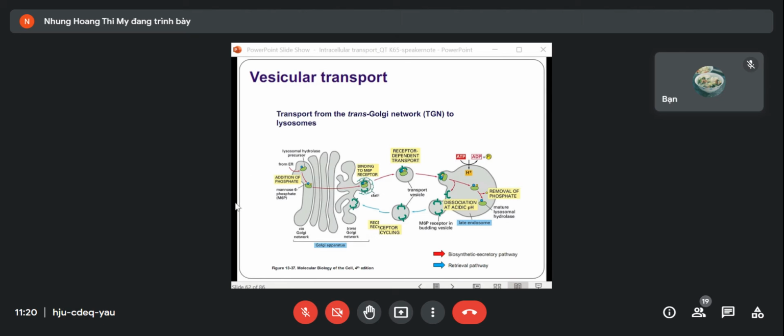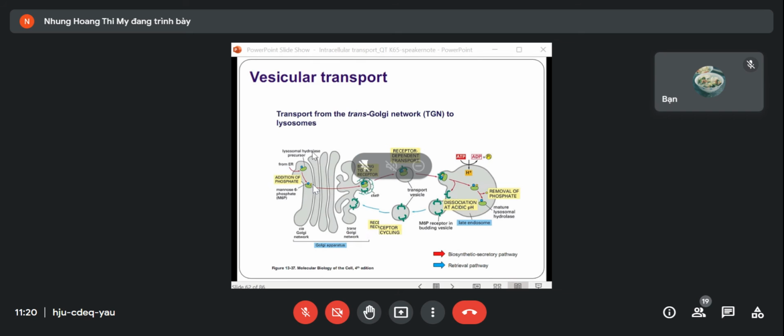Okay, so the hydrolase protein is synthesized on the ER, and then transported from the ER to the cis phase of the Golgi apparatus. So at the beginning, the hydrolase stays as a precursor. That means the immature hydrolase without function.